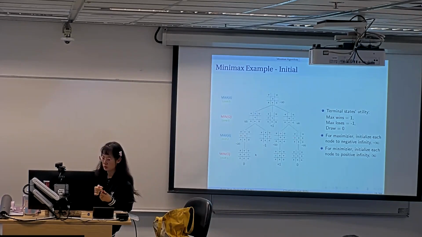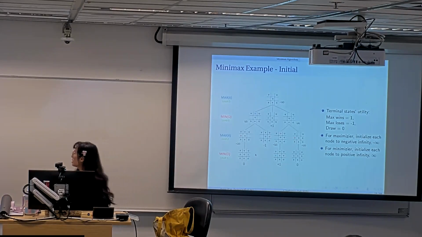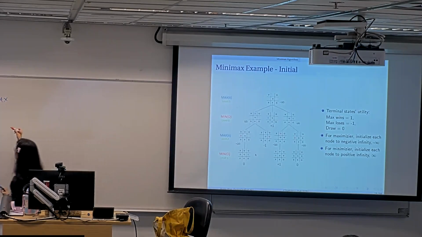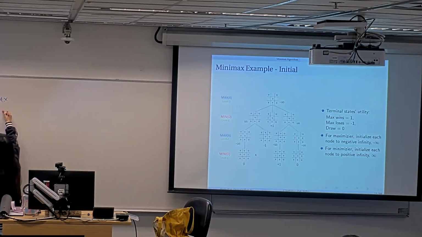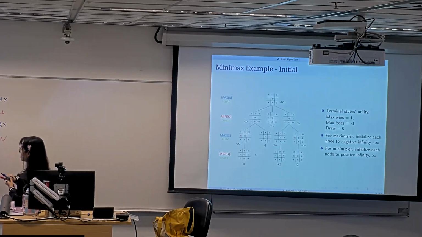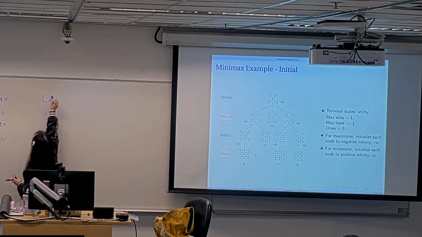So now we have the root node as a max, and in total we have 4 layers. And this is the max node here, and there are 3.